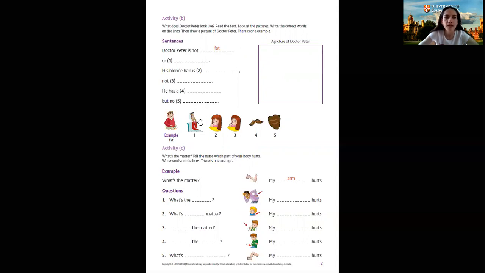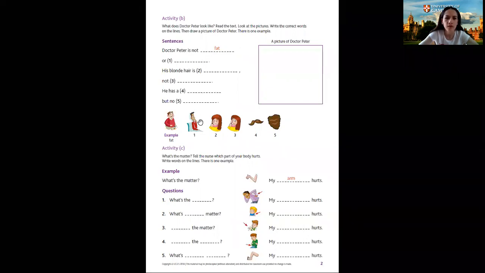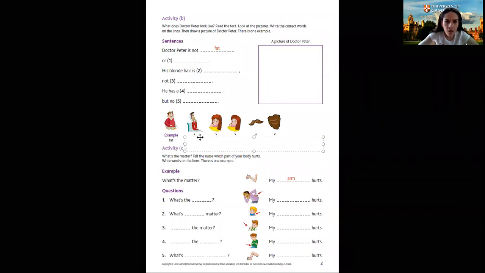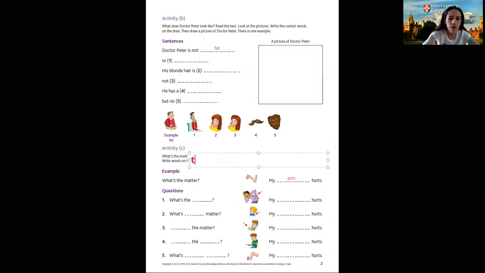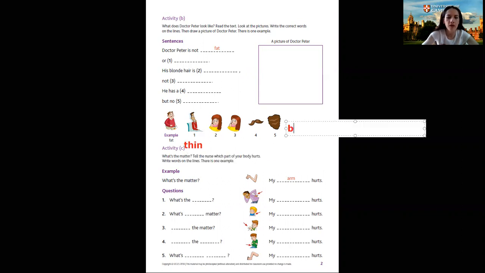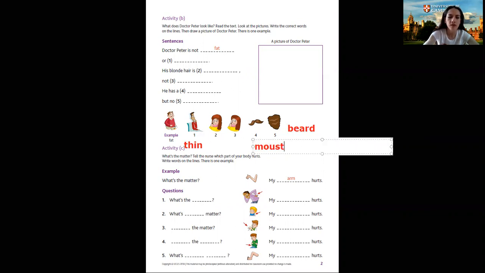Let's imagine, let's write some words, okay? This is thin. Thin. Then this is called beard, and this is called mustache.